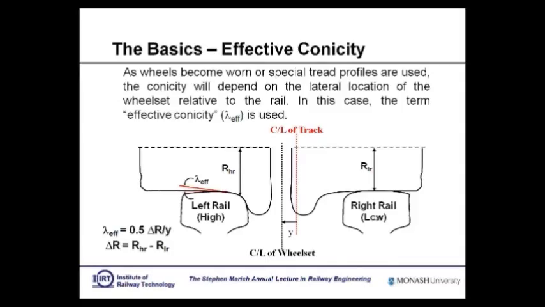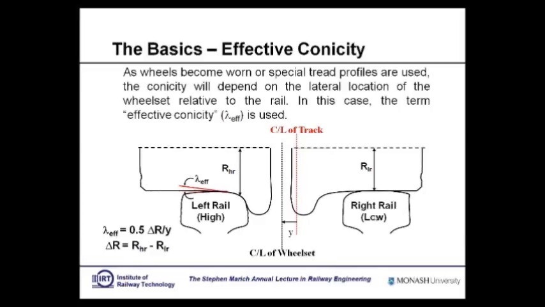This is the real stuff, because a wheel set will move from one side to the other, and the effective conicity is the actual angle that the wheel tread makes against the point of contact on the rail. This is not necessarily at the centre line of the rail. For one rail, it's usually around the gauge corner if you're in curved track, and for the other rail it is somewhere in there.